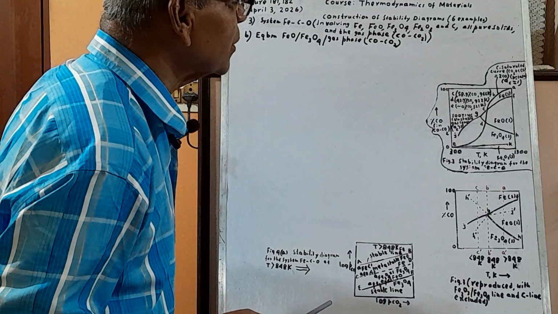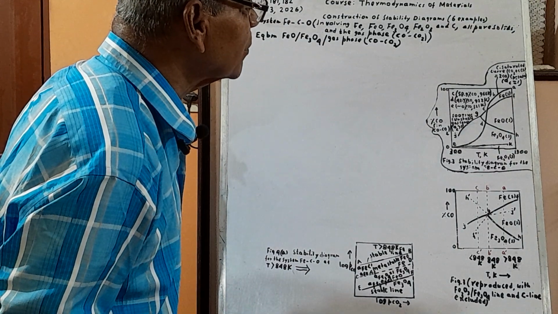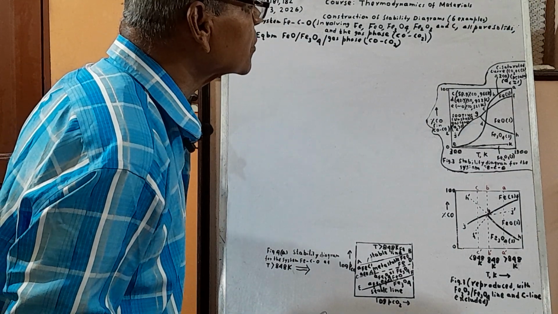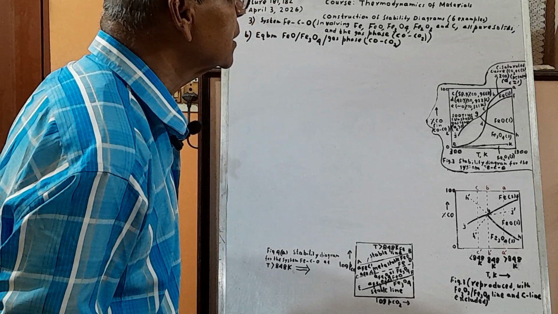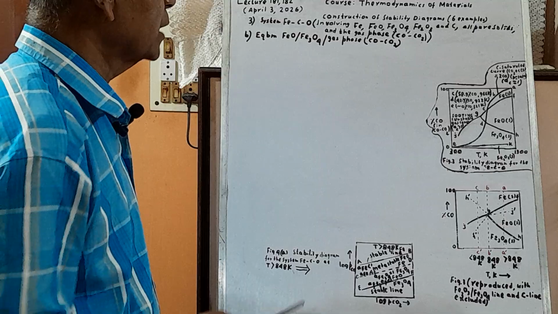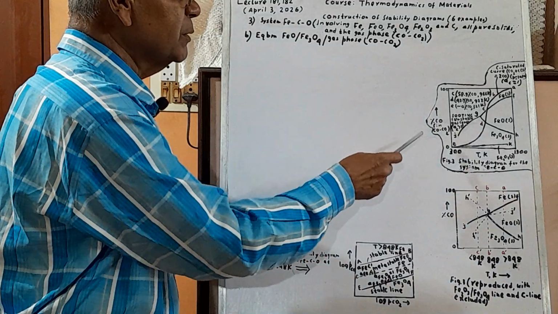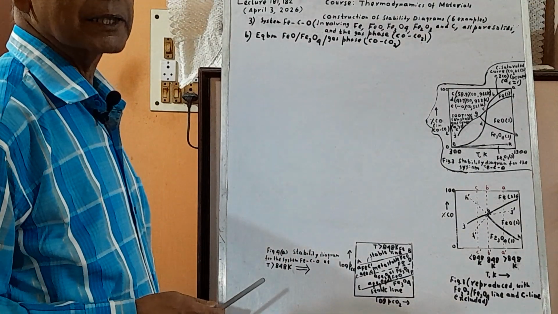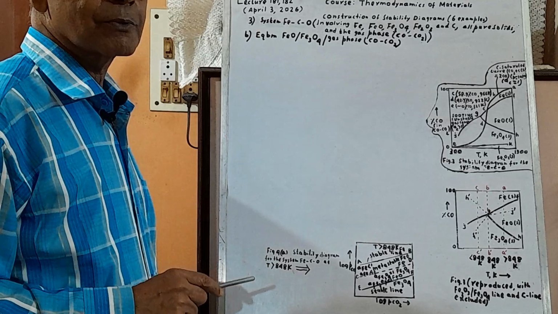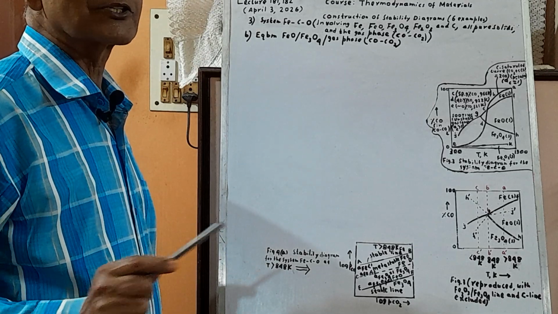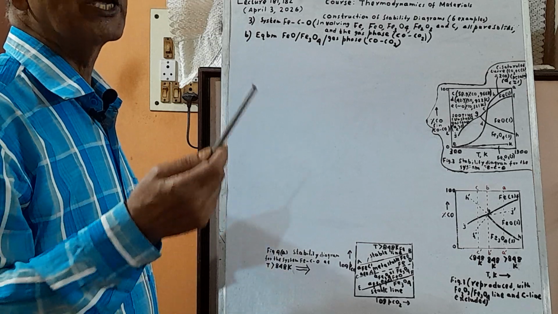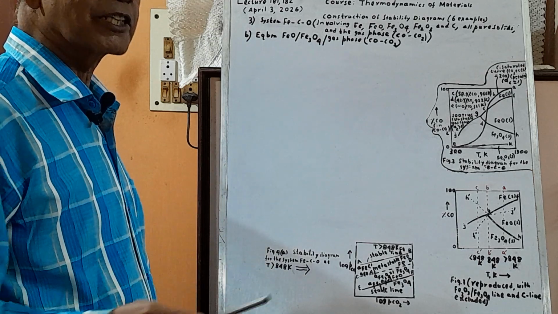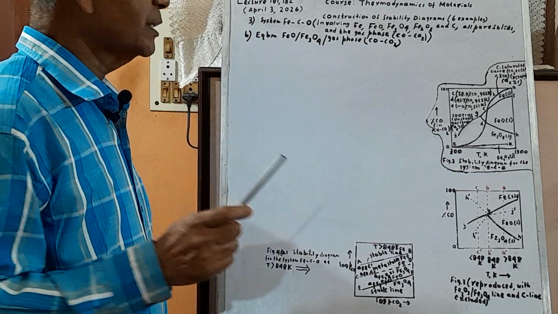Okay, this I wanted to tell you. These curves will be right. And the y-axis is percentage CO in CO2 mixture. Remember, percentage CO in CO2, not CO2 and nitrogen. In a blast furnace, you blow air, not only oxygen, nitrogen goes too.